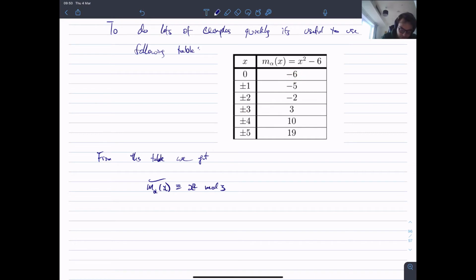Same if you plug in 3, for example. You get m alpha bar of x is congruent to x minus 1 times x plus 1 mod 5. If you plug in x to be plus or minus 1, then the value is 5, which is 0 mod 5. So plus and minus 1 are roots of this polynomial.